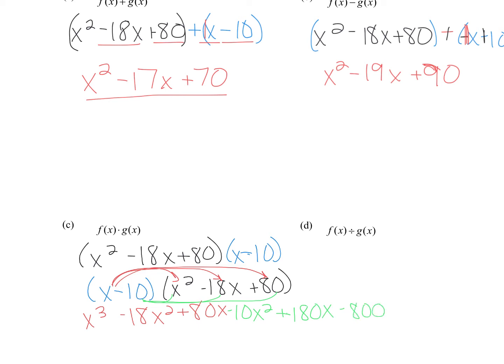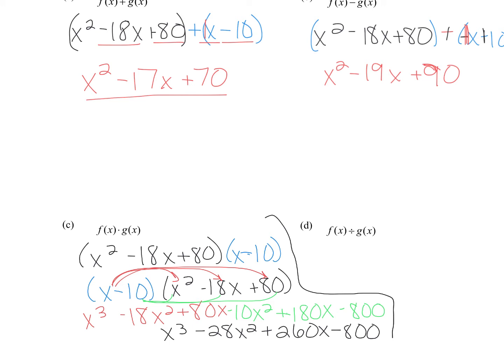So when I combine like terms here, I'm going to have x cubed minus 28x squared plus 260x and then minus 800. So that's a cubic function that we got from multiplying a quadratic function with a linear function, which makes sense because we're multiplying an x squared by an x.